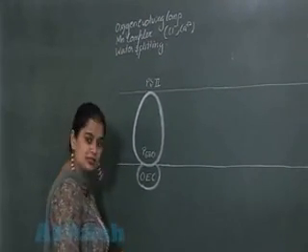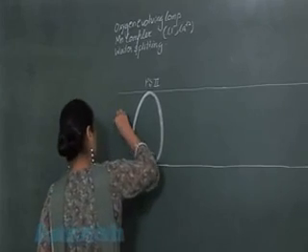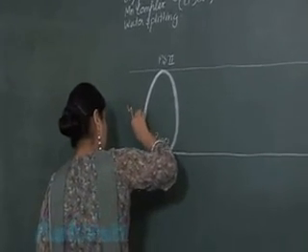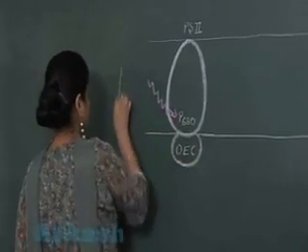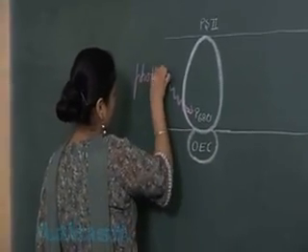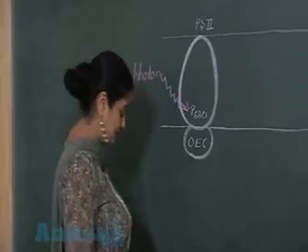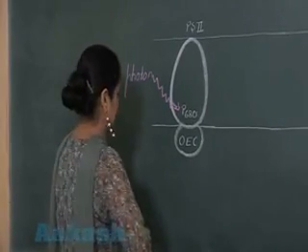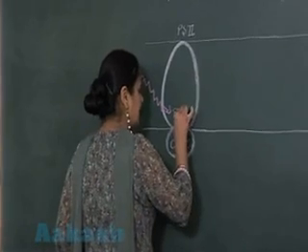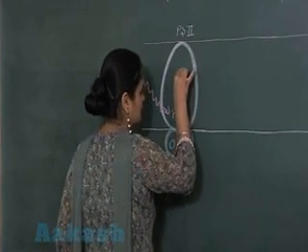Now what happens when a photon of light falls on P680? When a photon of light is absorbed by P680, there is extrusion of electrons.